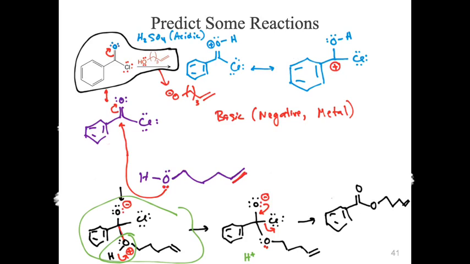This is one of my problems with second semester: we aren't specific about what picks it up. Something in solution picks it up. What is that something? It's out there. That structure as it is is very, very acidic. Anything remotely basic can pick that up. That could be starting alcohol. That could be solvent.